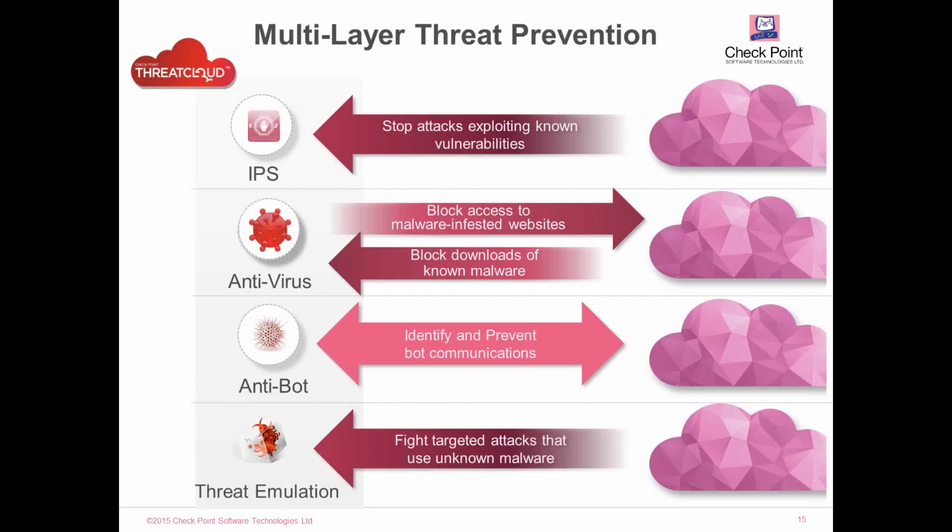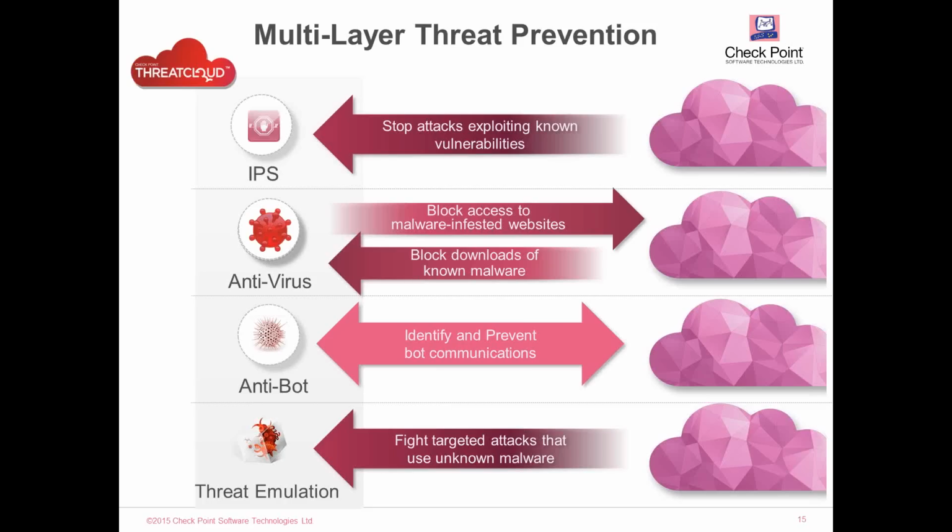It's something that can get disclosed, something we can write a signature for, something we can help you protect against. Antivirus is there to help firstly block access to sites that do contain malware, and secondly, if you access another site, to block the malware so it doesn't get downloaded to your machine at all.